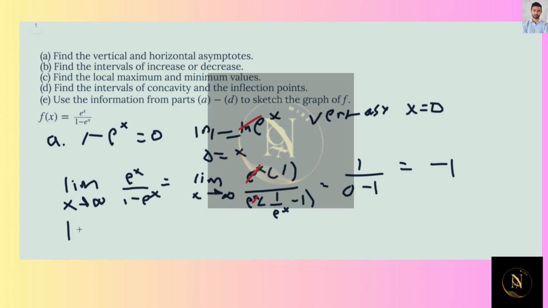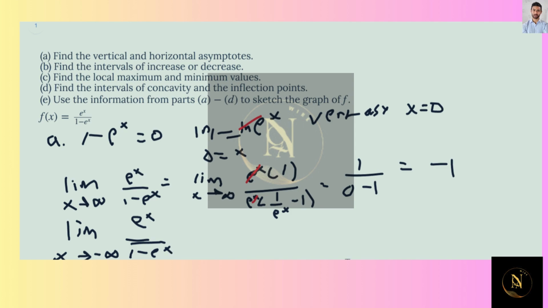Now let's take the limit as x goes to negative infinity. So this will be e to the x over 1 minus e to the x. You can apply a sort of same principle, but you can think of the graph.